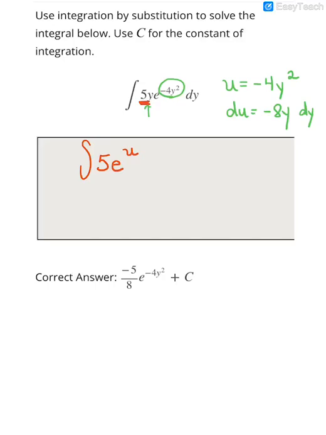We still have a y and a dy up here, and when we look over here, we don't have just a y and a dy. We actually have a negative 8y dy. So I would solve that so that we have just the y dy. In place of the y dy, we're plugging in du over negative 8.